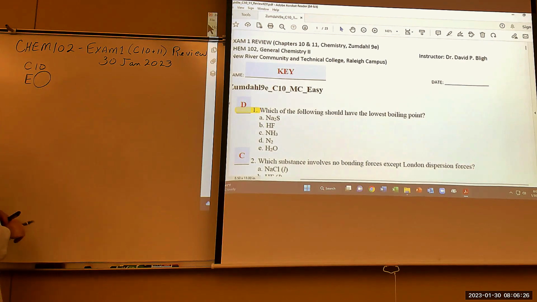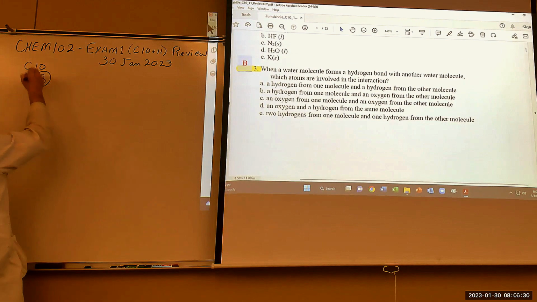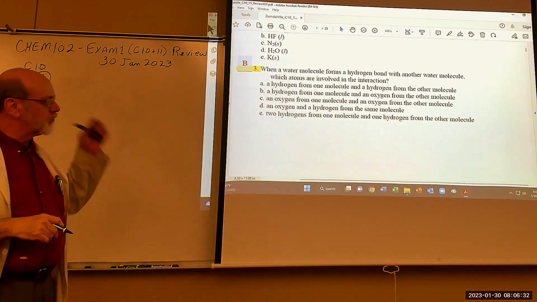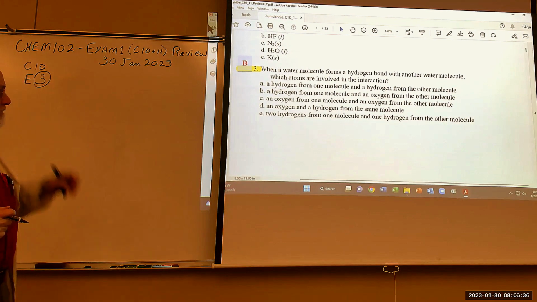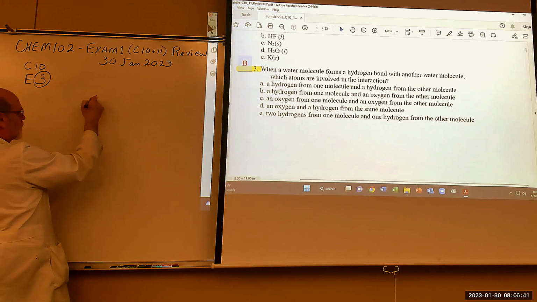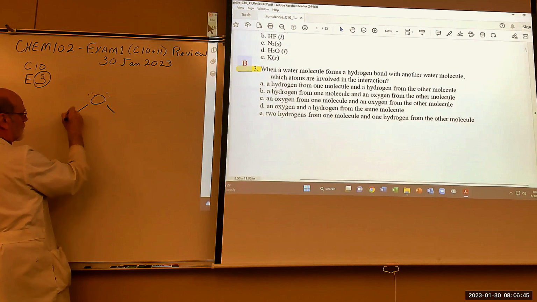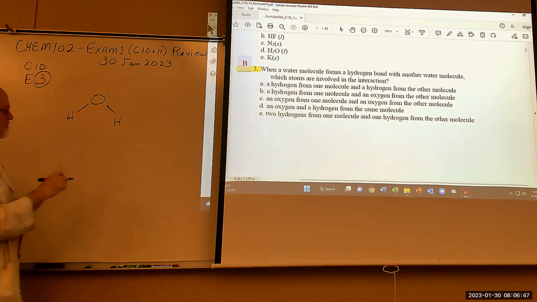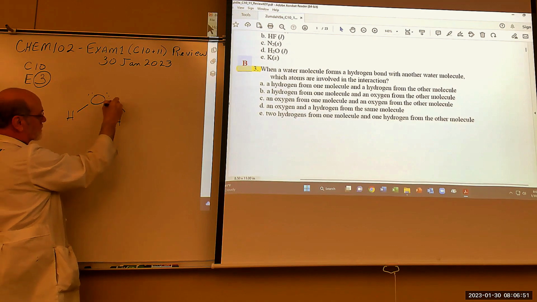All right, let's see. Page down 3. When a water molecule forms a hydrogen bond with another water molecule, which atoms are involved in the interaction? Sometimes it helps to draw a picture. So if you have a water molecule here, right? The bonds are going to be polar in this direction.